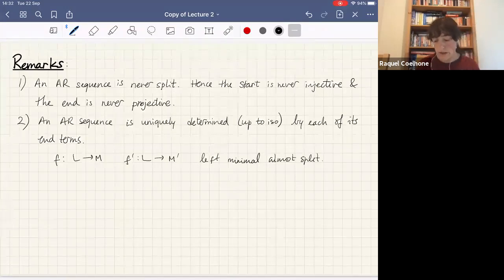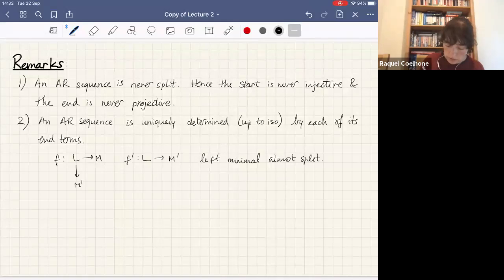So this means left almost split and left minimal. Okay, so we can look at this. So f prime is left almost split, so it's not a split mono. Okay, and f is left minimal.